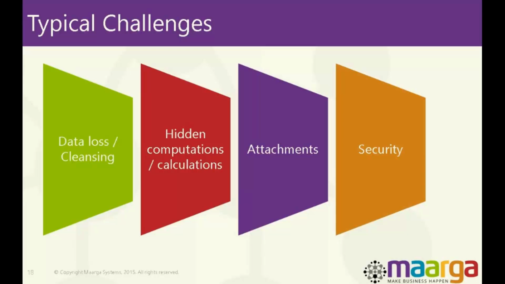The last one is the security aspect. I did touch upon it by talking about the readers and authors field. If you have individual names there, it helps to prepare a data map which says, okay, these kinds of individual names, what should be the appropriate AD group that gets access.